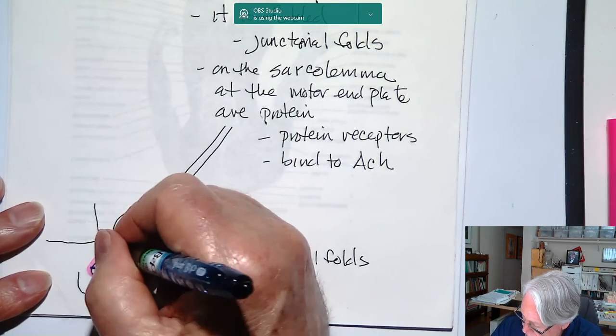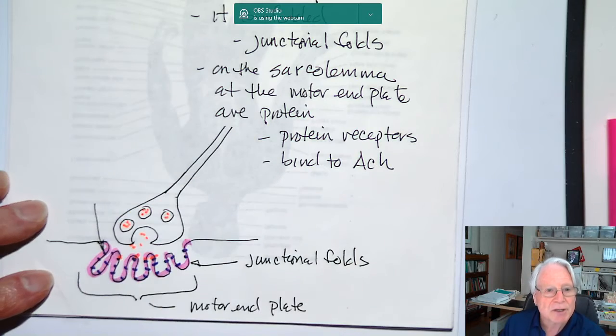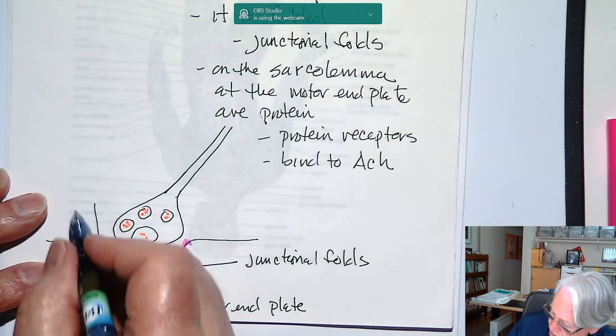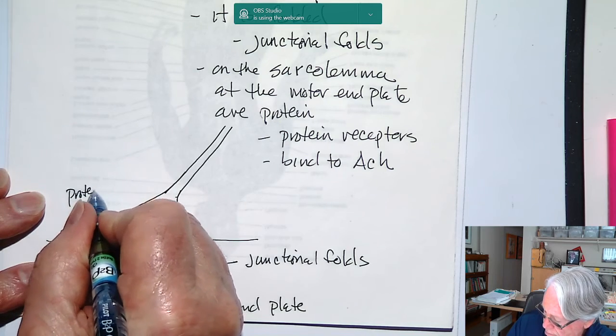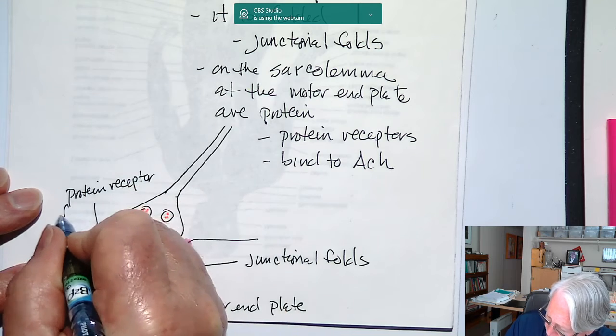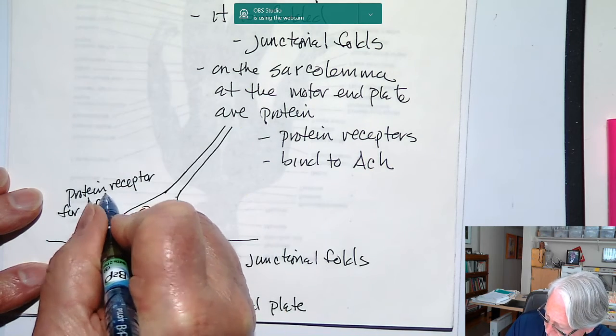These things, the little blue dots that I drew in there, is my protein receptor for acetylcholine.